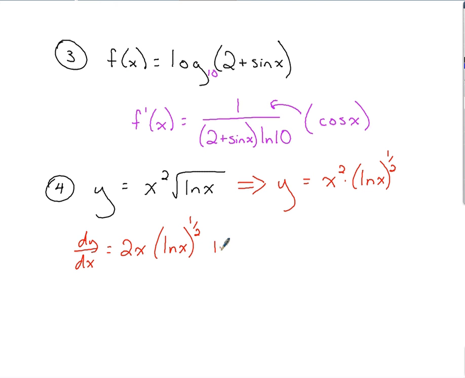Add on. First part, x squared unchanged, times derivative of that second piece. The second piece is a quantity raised to the 1/2 power. Got to bring that 1/2 down. Got to apply a chain rule here, right? Inside, that natural log of x stays. New power becomes negative 1/2. But then tack onto that the derivative of the inside.